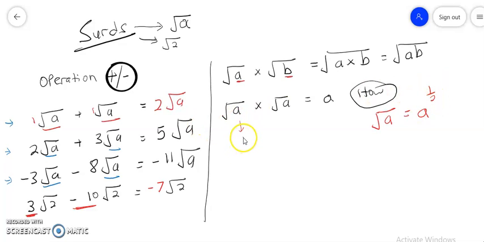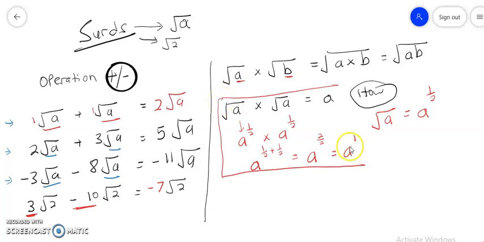So a to the power of 1 over 2 multiplied with a to the power of 1 over 2. When they are multiplied, it means 1 over 2 plus 1 over 2, so it will end up as 2 over 2, which is a to the power of 1. This is the explanation for this question.